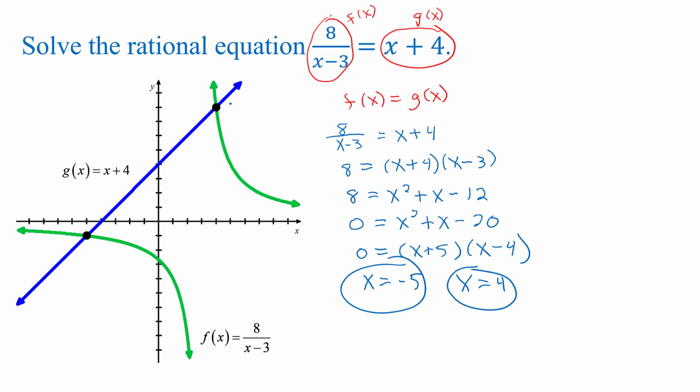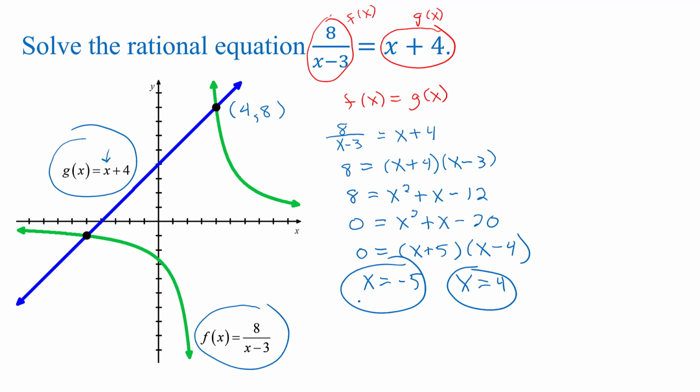Well, at x equals 4, I have this point on my graph, and the y-coordinate I would actually find from plugging x into either f of x or g of x. Since g of x is a bit easier, we would find the y-coordinate by plugging in 4 for x, and then 4 plus 4 gives a value of 8 for the y-coordinate. So the point (4, 8) is a point of intersection of the two graphs.